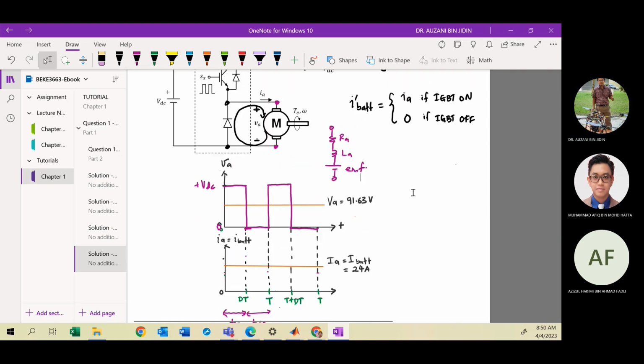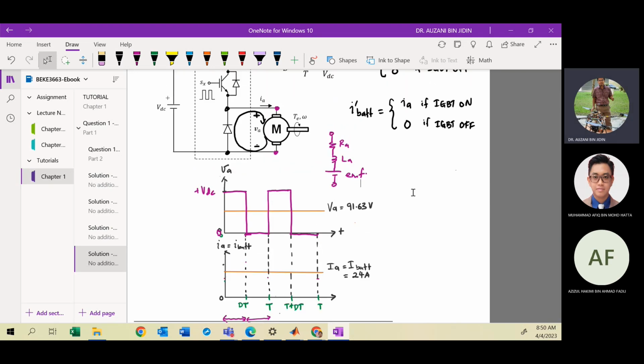So maybe I write first. Okay, the green color is the armature current. When the switch is on, the current will be charged. So this is the case when the switch is on, and current is charged.